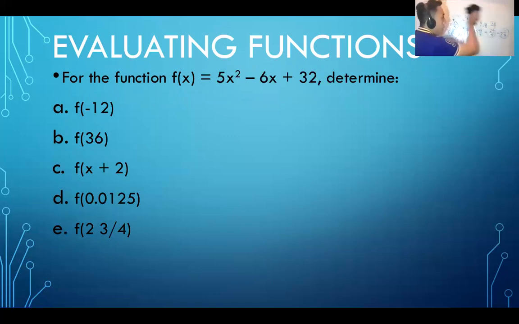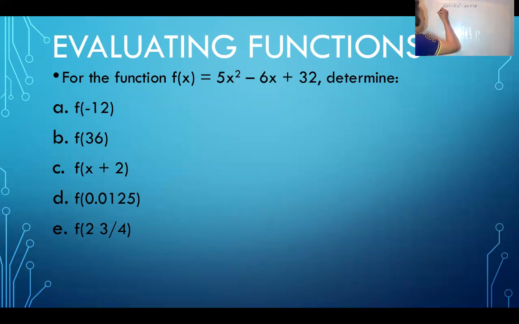For the second equation, we also need to find the function of the following. Okay? So our given function is function of x is equal to 5x squared minus 6x plus 32.